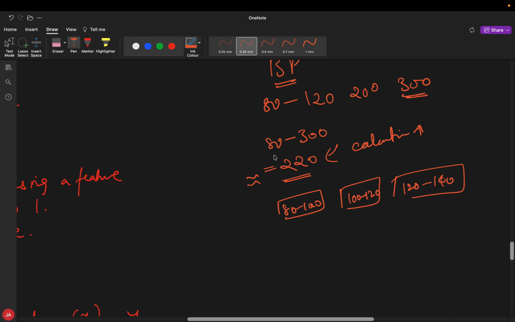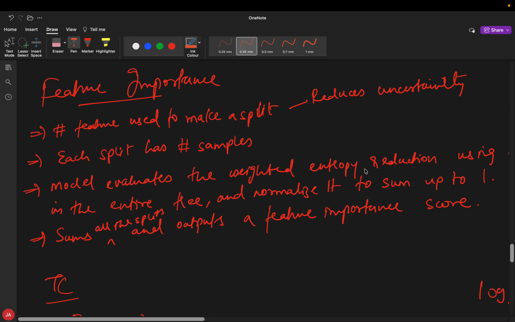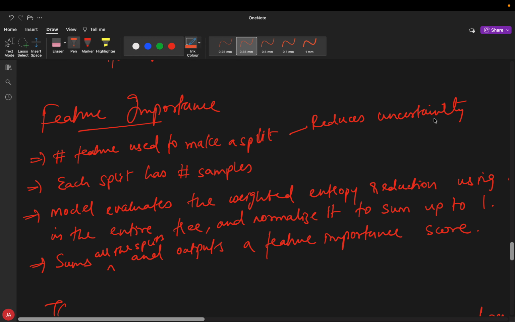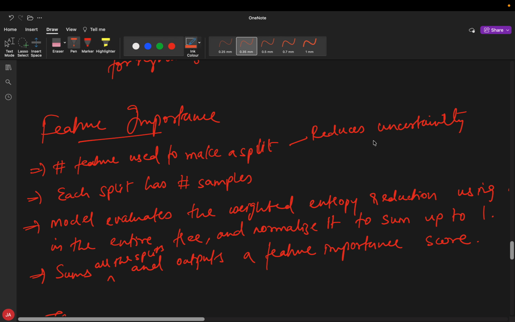It would reduce these 220 values to a distinct number of bins, let's say 8 to 10 bins, and check which of the bins has the maximum reduction in entropy. This is automatically handled in decision trees.